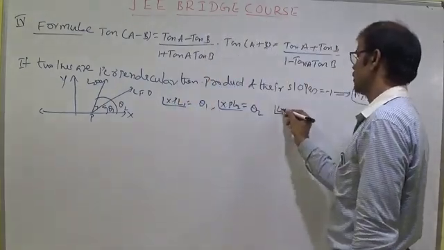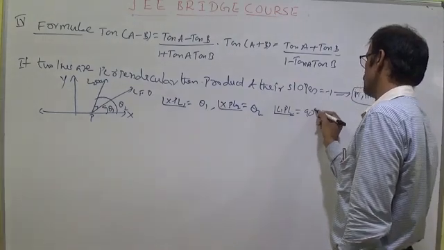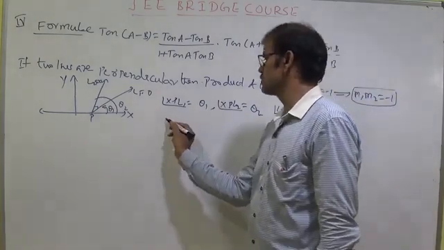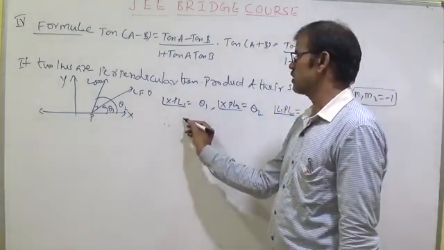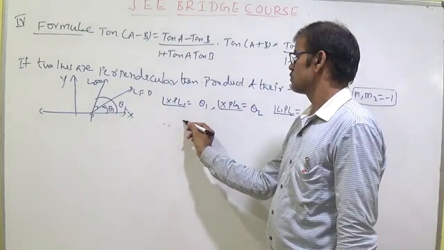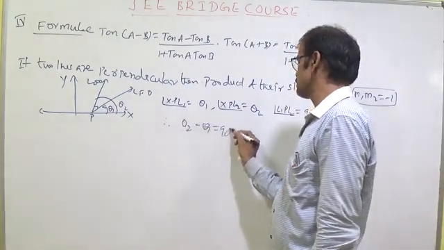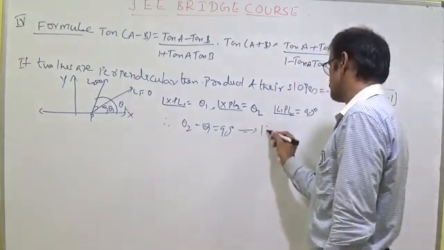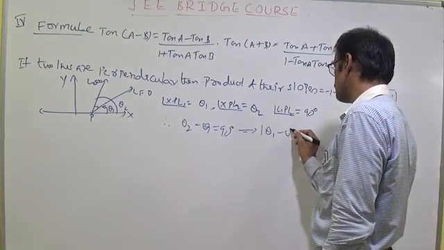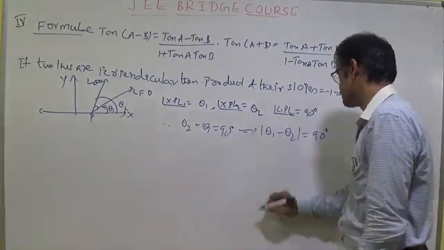Angle L1PL2, middle angle, equal to 90 degrees. Therefore, you can write here full angle θ2 minus θ1 is equal to 90. Take modulus, you can write modulus of θ1 minus θ2 is equal to 90 degrees.